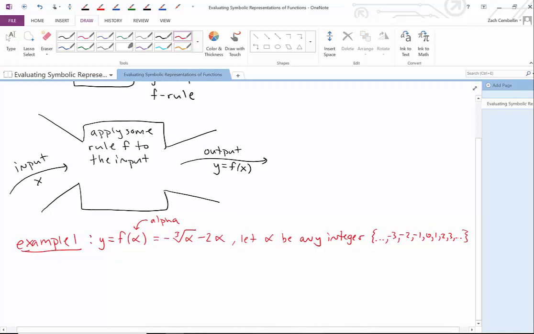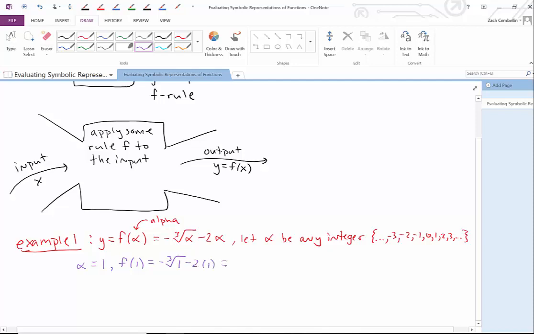So we're going to pick a couple of different alphas and just evaluate this function. How about if alpha is, say, 1? Then what we'd like to do is find f of 1, replacing alpha with the numerical value of 1. So in my function, I'm going to replace every alpha I see with 1. So I got negative cube root of 1 minus 2 times 1.